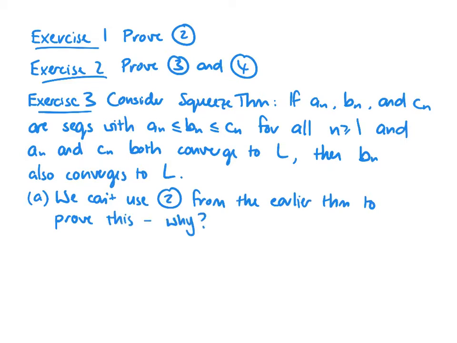It sort of seems like take part 2, just apply it to A sub n and B sub n, and then apply it to B sub n and C sub n, and then we're all set. You have that B sub n would have to be greater than or equal to L and less than or equal to L, but we can't actually apply part 2 from this theorem we stated at the beginning of the video, and I want to know why not.